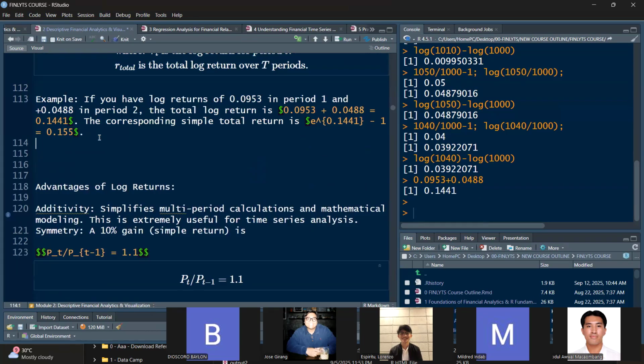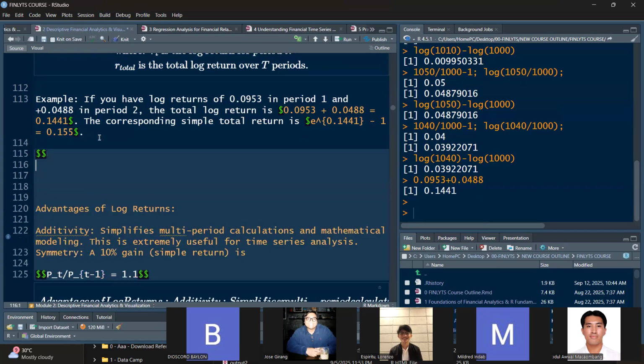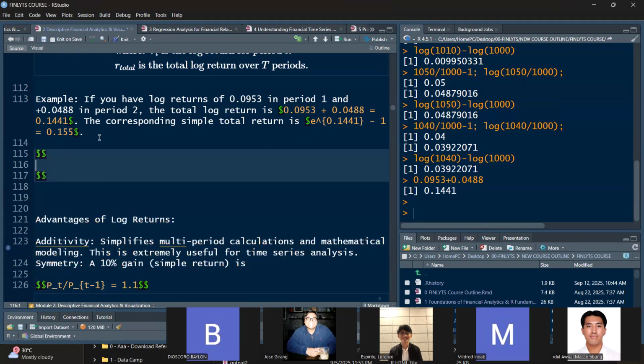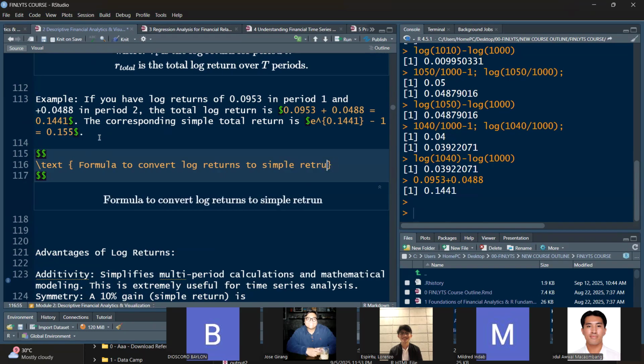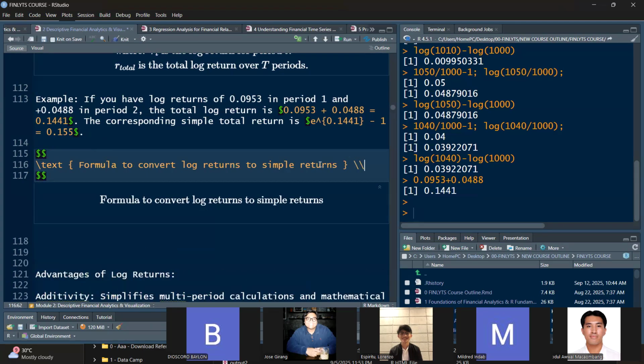Okay, let's do the LaTeX for this one. Dollar sign, dollar sign, dollar sign. Then let's put here \text{formula to convert log returns to simple returns}. Then let's put this into the next line.